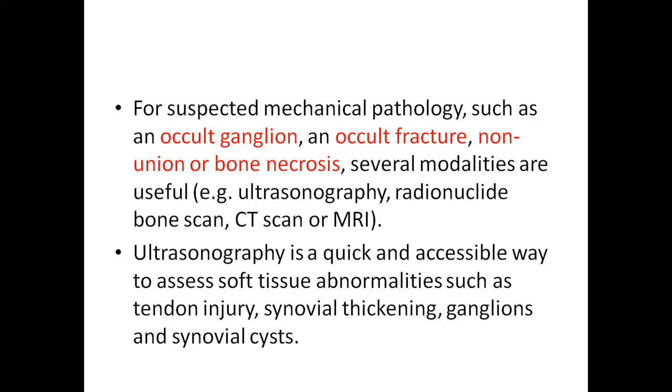But MRI and ultrasonography can be very useful to check bony pathologies, along with problems of the soft tissue like tendons, ligaments, thickening of the synovial sheath, ganglion, cyst, and any tendinopathy, sprain or strain. Then the MRI or the ultrasonography, and specifically the MRI, can help in such conditions.